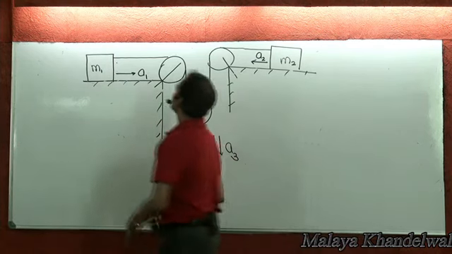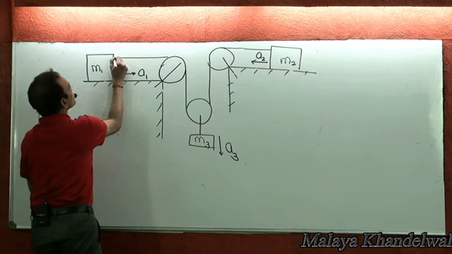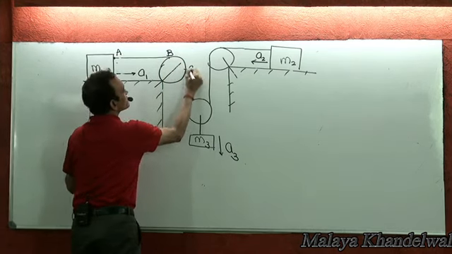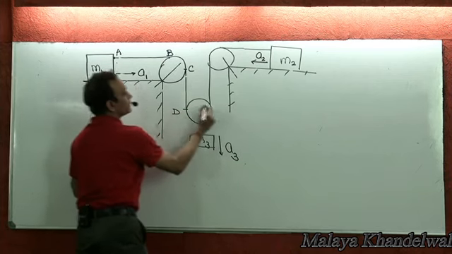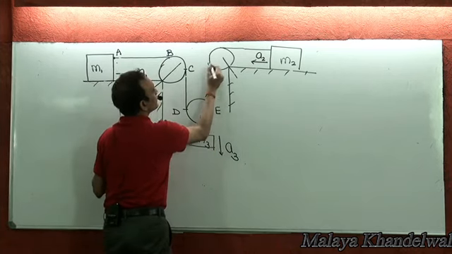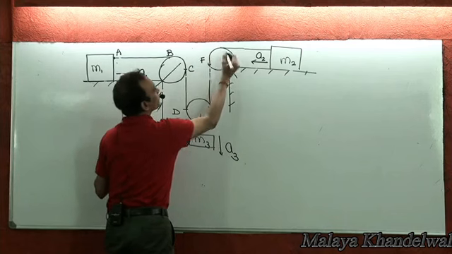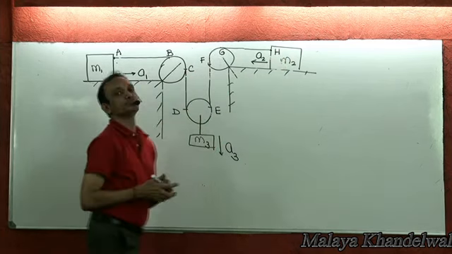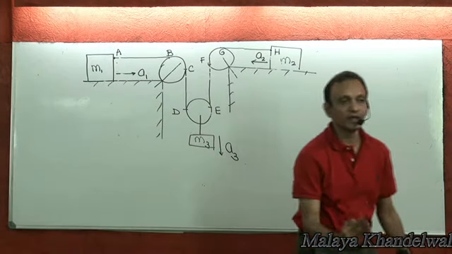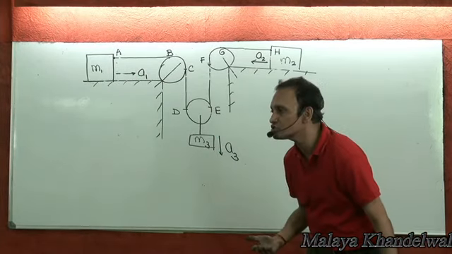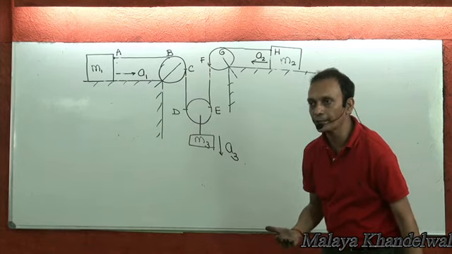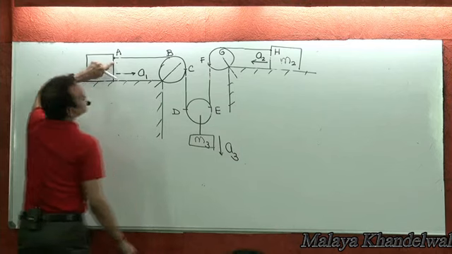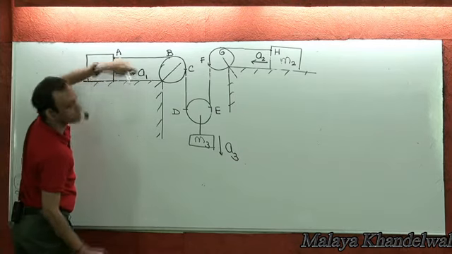Now, let me label the nodes. A, B, C, D, E, F, G, H. These are my nodes or bridges. I would then assign acceleration values to these bridges or nodes. Right? What would I assign to A? A1 to the right. Right?